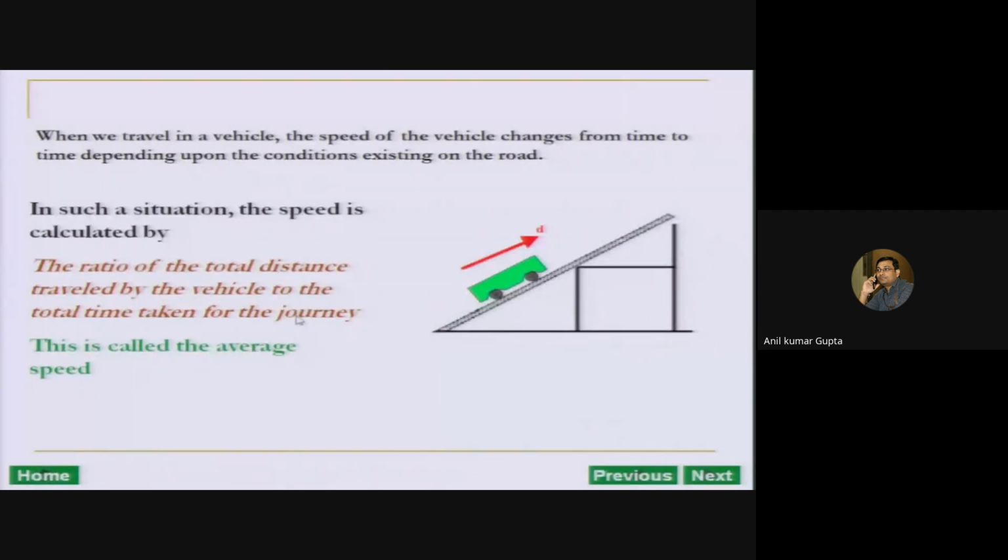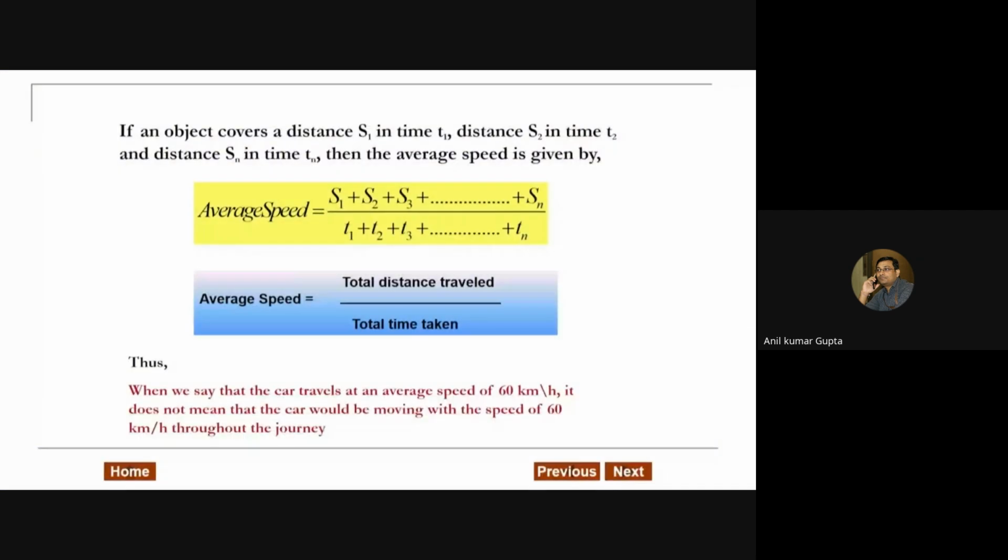Now you will notice that the main idea is presented in a different font color; font type you can use differently. So there is one animation. Now next, if an object covers a distance s1 in time t1, distance s2 in time t2, and distance sn in time tn, then the average speed is given by this formula.